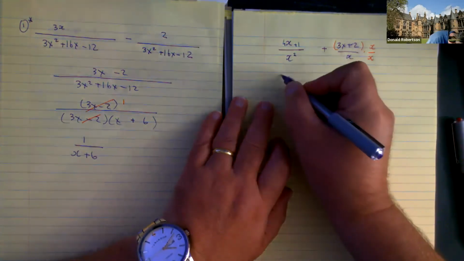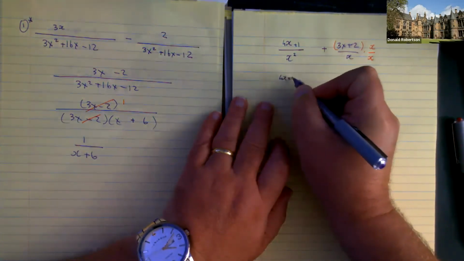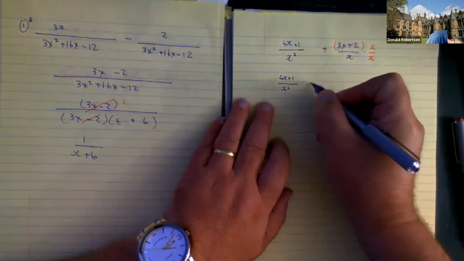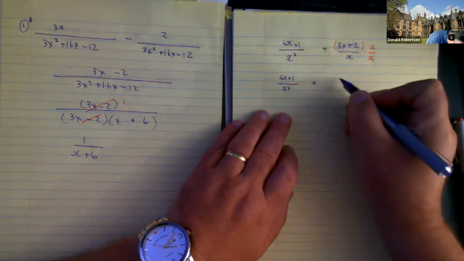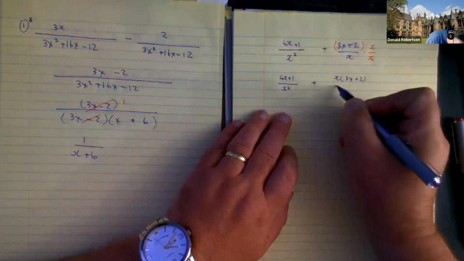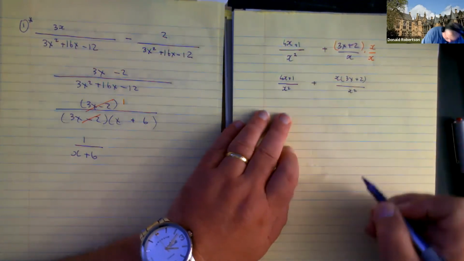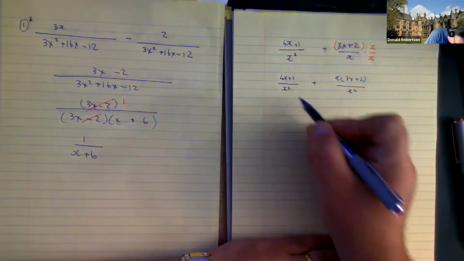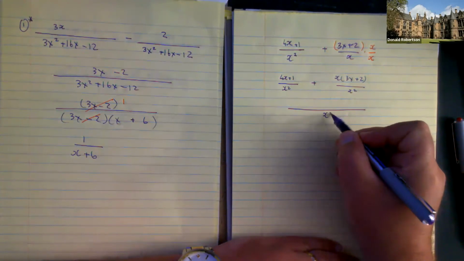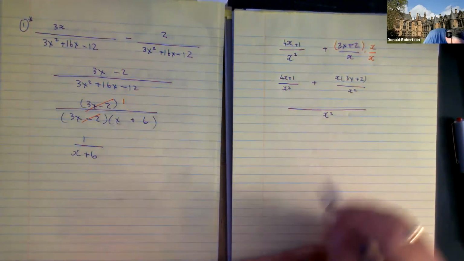Now what that gives me is this over x squared, plus these two, which I'm just going to write down like this, over x squared. So what I now have are two fractions, but since they share the common denominator x squared, I can combine them.